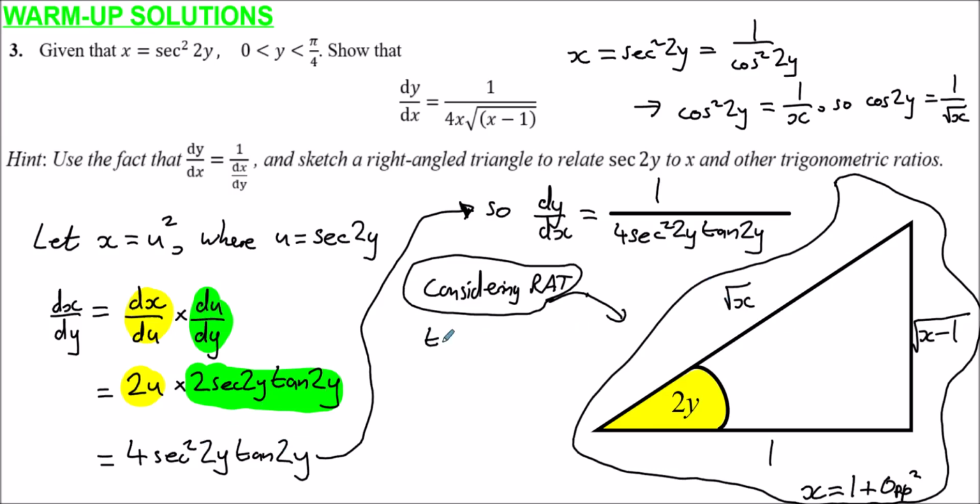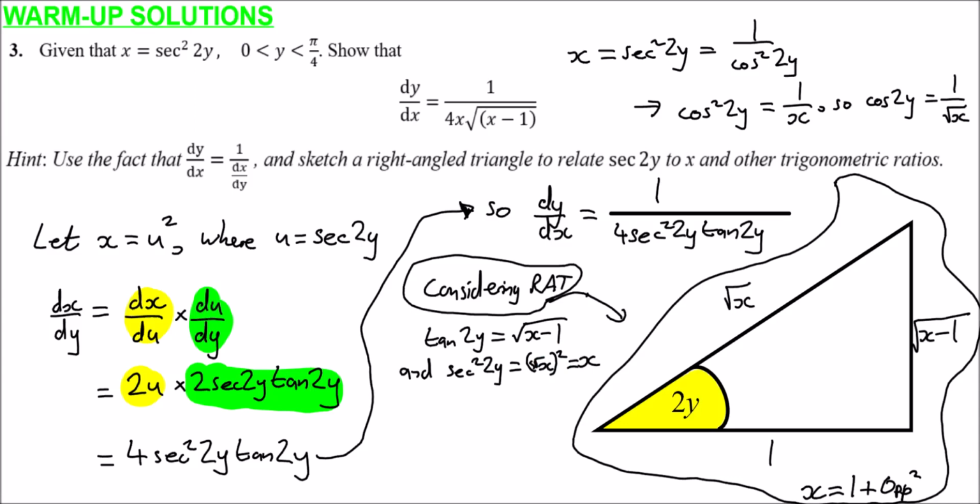So tan 2y will simply be opposite divided by adjacent, which will just be root x minus 1. And of course, sec squared 2y is going to be 1 over cos 2y squared. So that's going to be 1 over cos 2y is root x, all of that squared, which is just going to give us x.